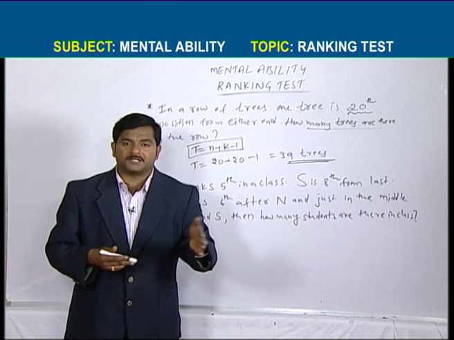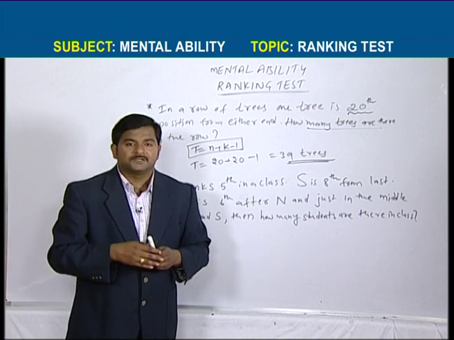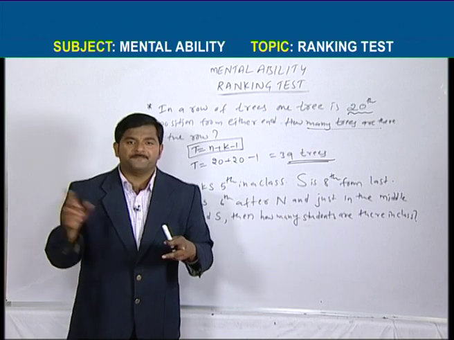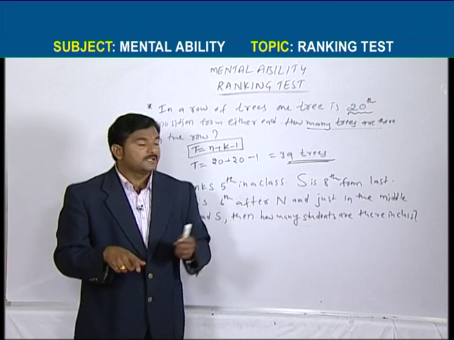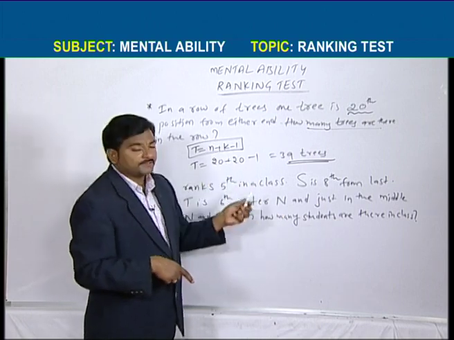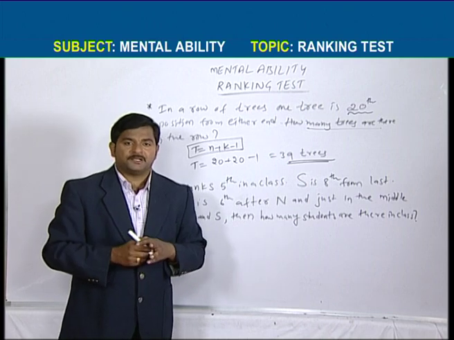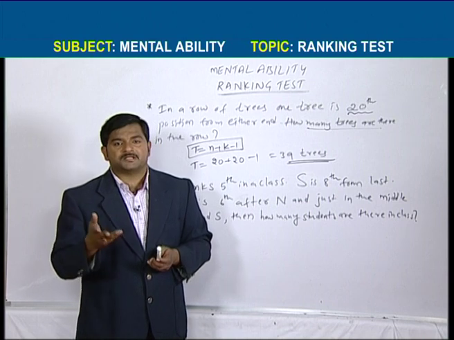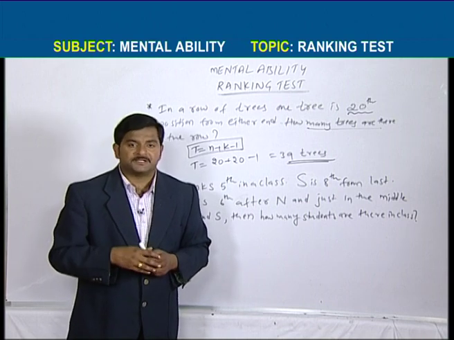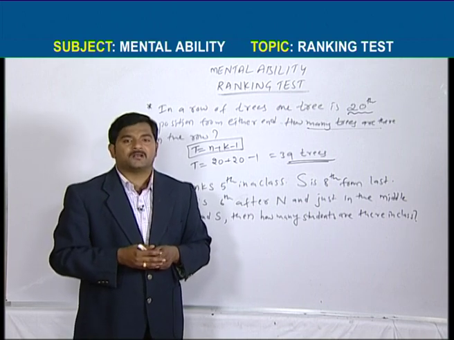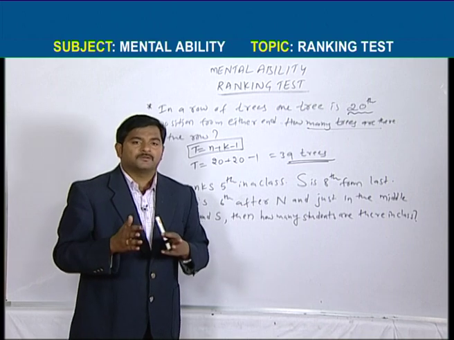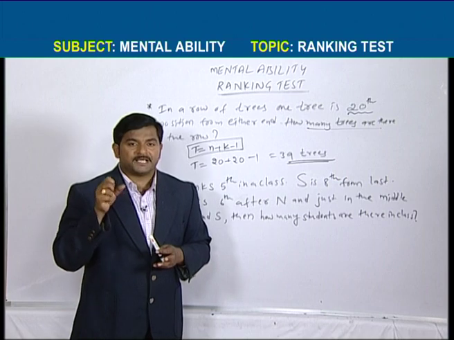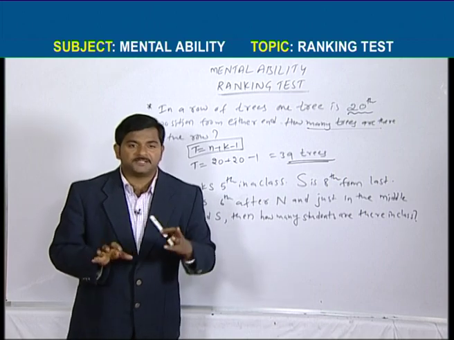From left 20th, from right 30th. So I know the same person's position from the left end and the right end. Here the values are different. In the tree example the n value and k value were the same, but in this example the n value is 20, the k value is 30. So 20 plus 30, 50, 50 minus 1 means we can take 49. It need not be common. The ultimate thing is you should know the same object's position from either end.